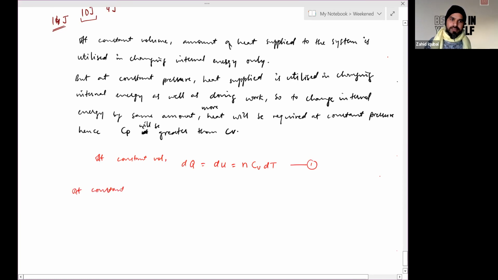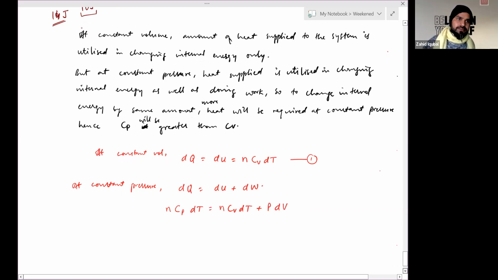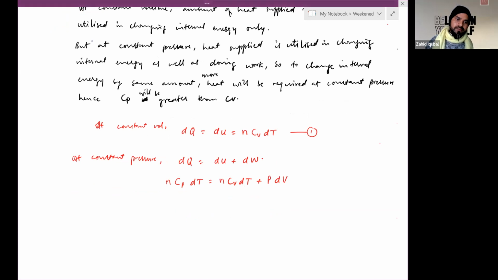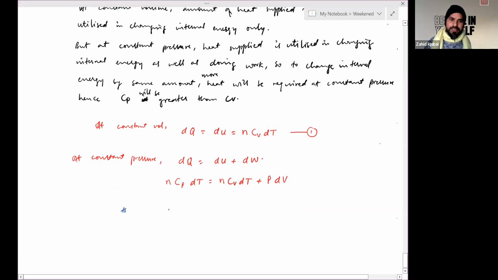At constant pressure, dq equals du plus dw. We may write this dq as n times Cp dT, du is n times Cv dT, and work done is pressure times dV. As per the ideal gas equation, PV equals nRT.